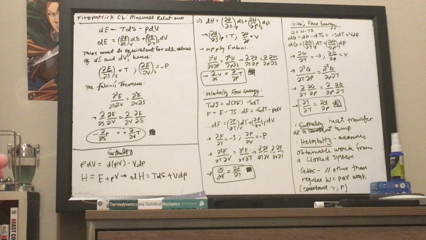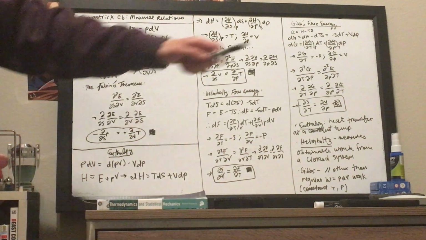And last but not least, we repeat this process one last time to get Gibbs, or rather the relationship between entropy and volume with Gibbs free energy. And our Gibbs free energy is defined as our Helmholtz free energy minus our temperature times our entropy. We apply a differential, we juxtapose the partial derivatives in those differentials with the mathematical and thermodynamic definition.